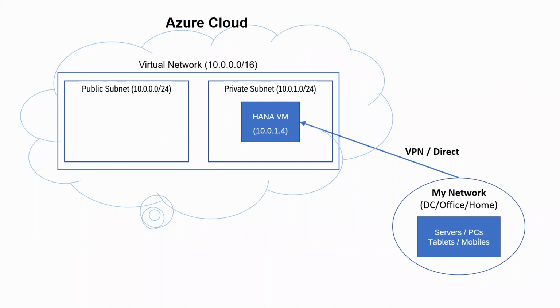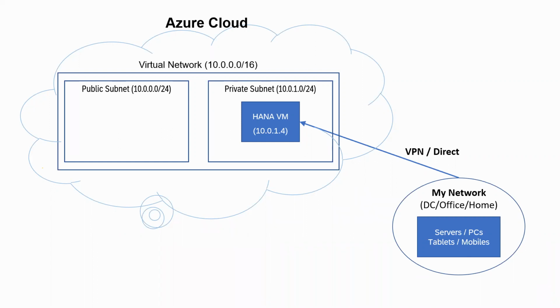It will be a tunnel, which is also called the VPN tunnel. So you will have a direct VPN tunnel from your network to your cloud network, your virtual network. All the traffic will only flow within that tunnel, and hackers will not be able to get inside your tunnel because it is encrypted traffic.